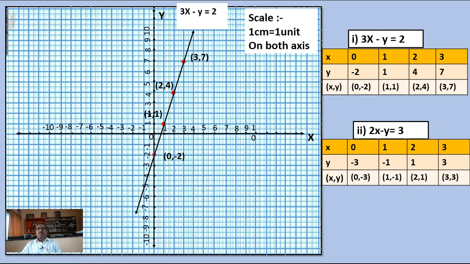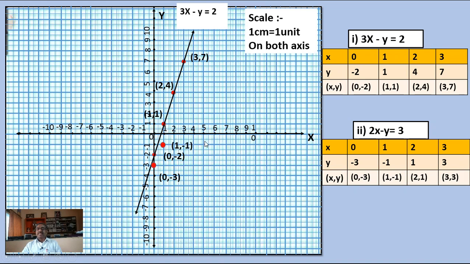Similarly, we plot the coordinate points for equation 2x minus y is equal to 3. The first point is (0, minus 3), this point lies on the y axis. Second is (1, minus 1). x coordinate is 1, y coordinate is minus 1. This point is (1, minus 1).